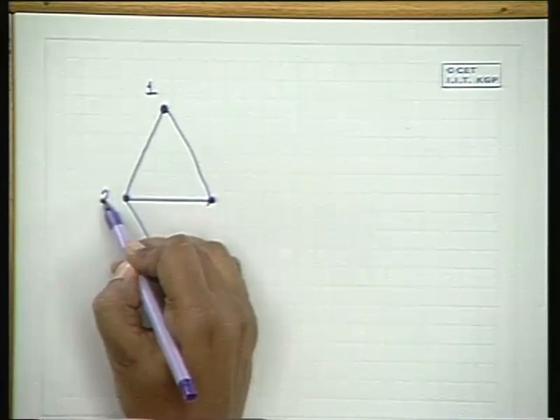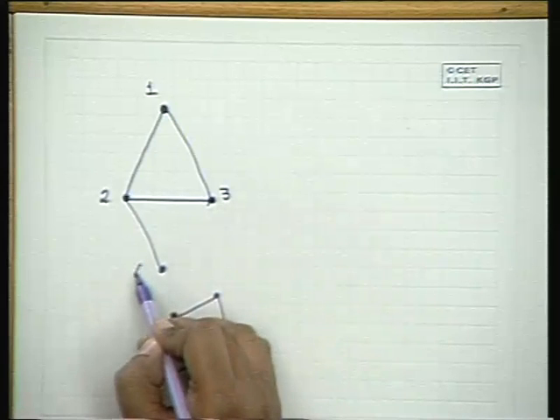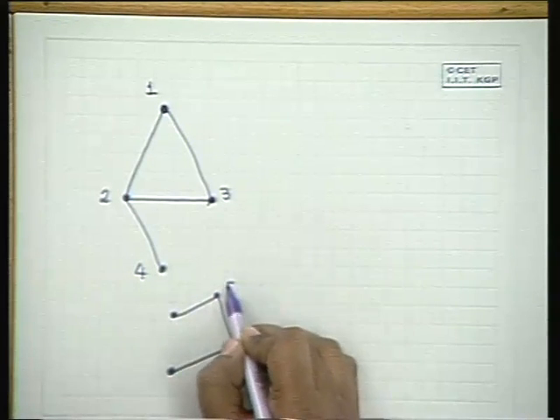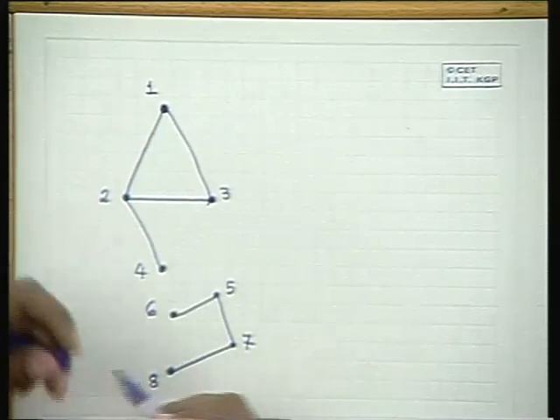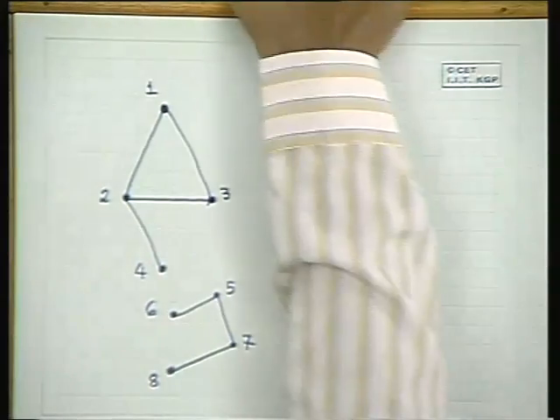One, 2, 3, 4, 5, 6, 7, 8, and let us see what our algorithm is.